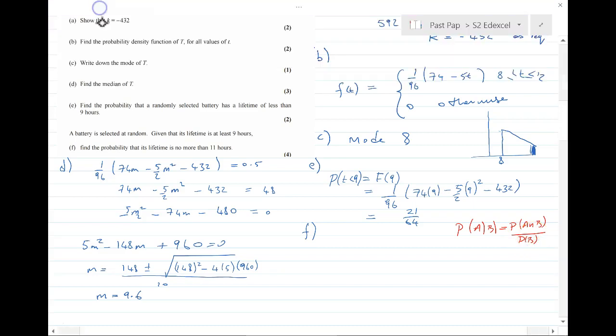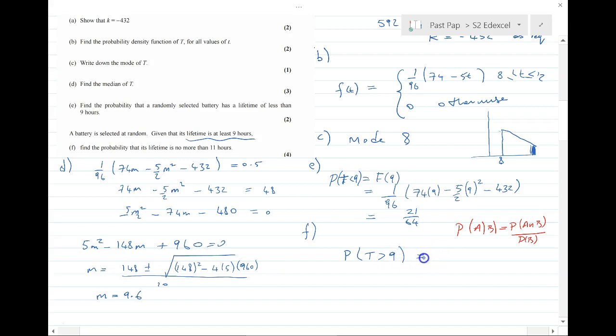We're going to have to work out some stuff here, because the question says given that the lifetime is at least 9 hours, so let's work that out. The probability that it's at least 9 hours is saying that little t is greater than 9.